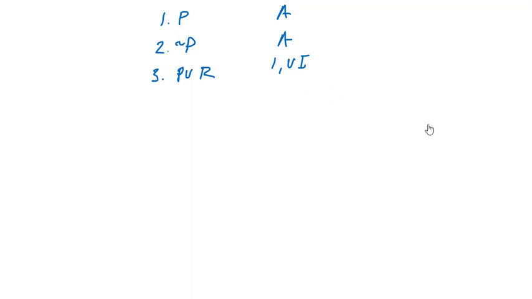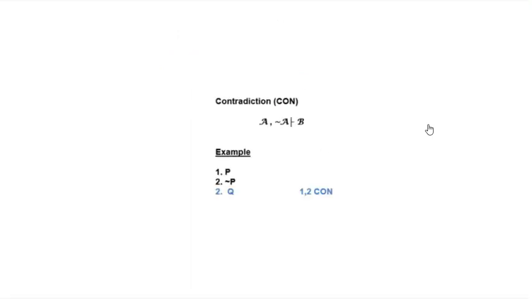The reason we can do that is because if we know that P is true, then P or anything else is true. That goes back to the meaning of the truth table for disjunction. But now that we have P or R, we can infer that R, right, by the rule we just learned, 2, 3, disjunctive syllogism. So contradiction actually comes in very handy, as we'll see later.